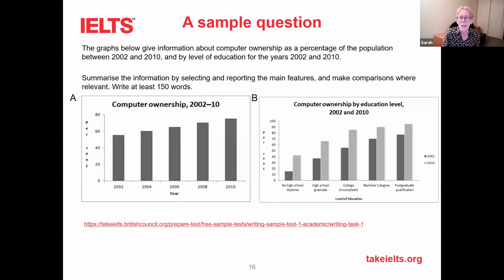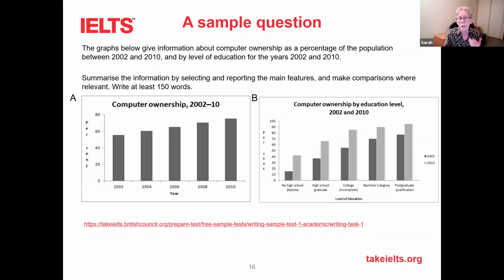Absolutely. So diagram A, the bar chart in A, is just showing computer ownership in general, whereas we've got much more detail in B, where we've got it by level of education. So A gives more of a global picture, and B gives us much more nitty gritty.